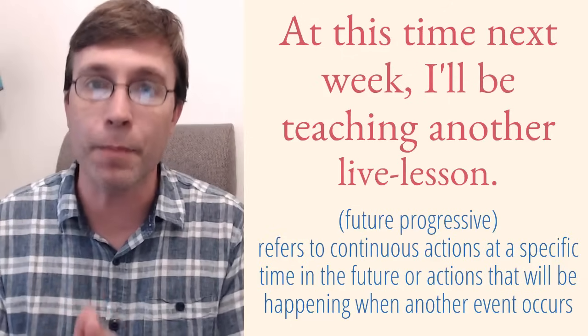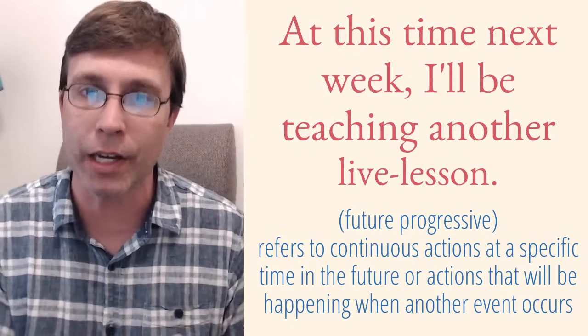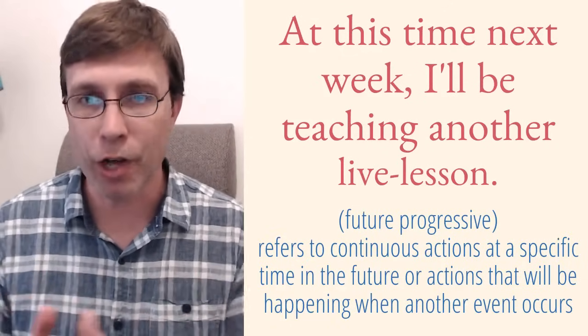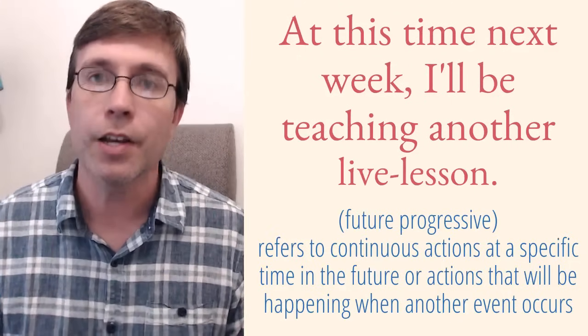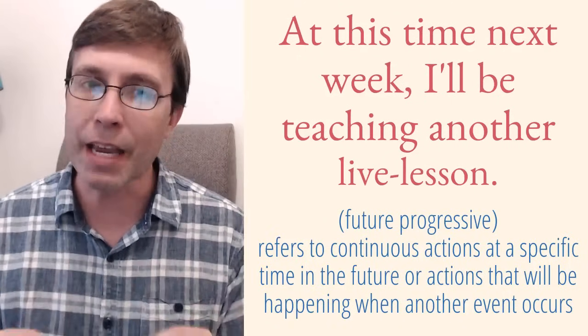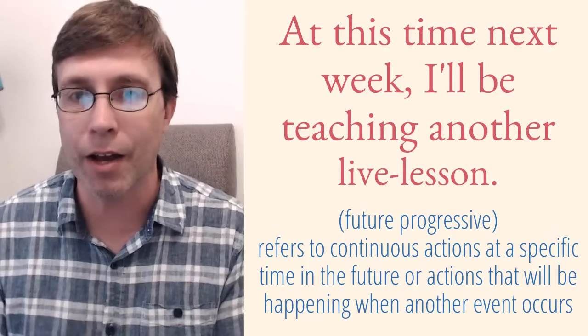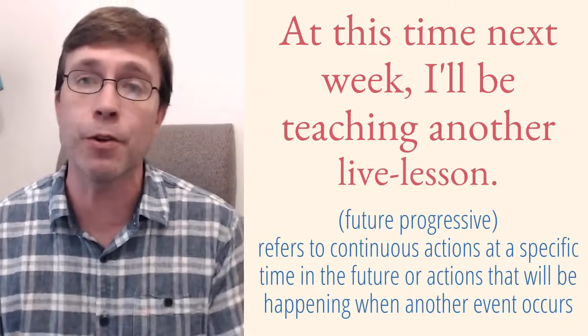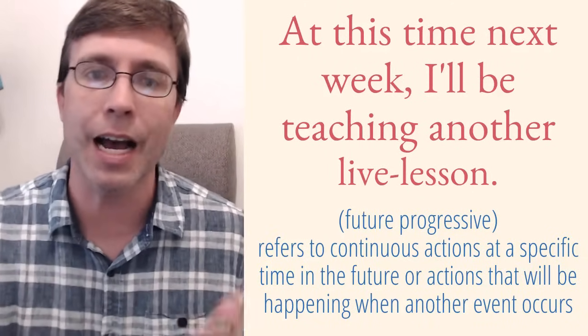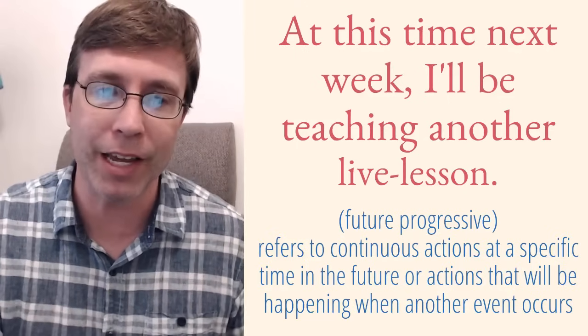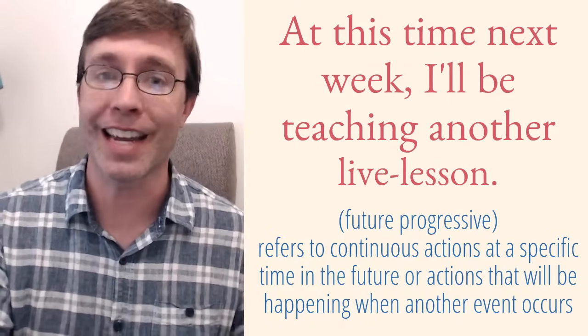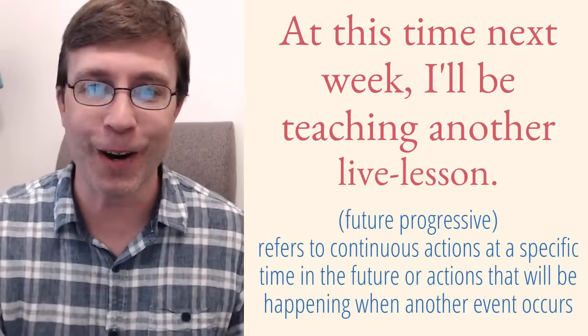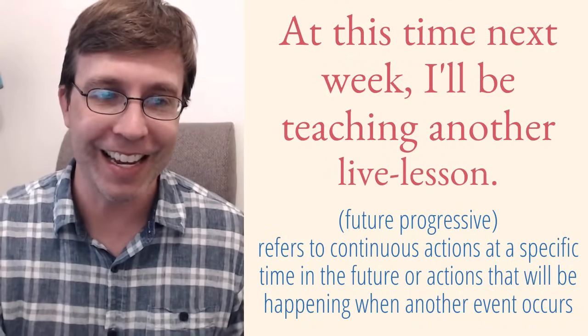I will be teaching. I'll be teaching. Notice the form. When you're talking about the progressive tense, you're using the verb to be, the main verb, and ing. I'll be teaching. But in this case, since it's the future, you need that will, all right? I will be teaching another live lesson. True story, all right? And I hope you guys will join me for that lesson, okay?